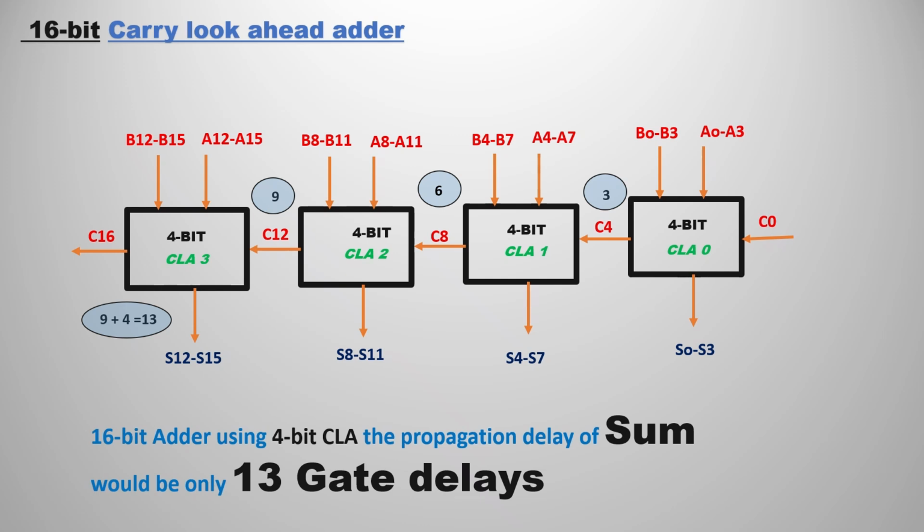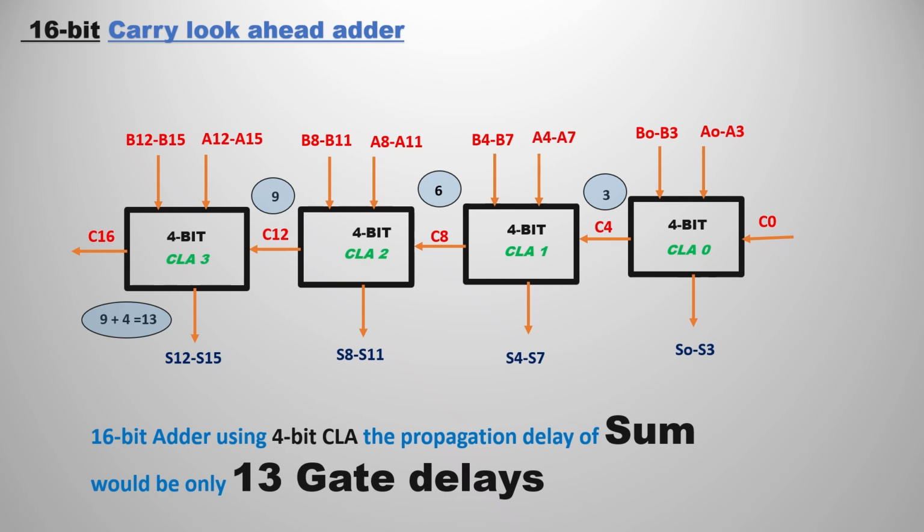So 9 plus 4, because producing the sum needs 4 logic gate delays: the previous carry plus the sum delay produces the final output S15. So 9 plus 4 is 13. We can say that the 16-bit CLA adder requires 13 logic gate delays for the production of the sum.